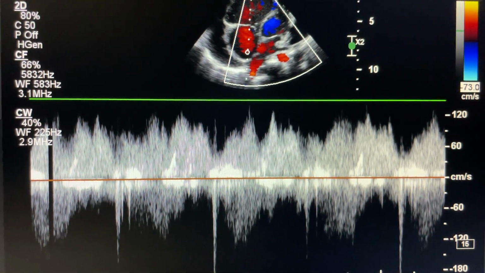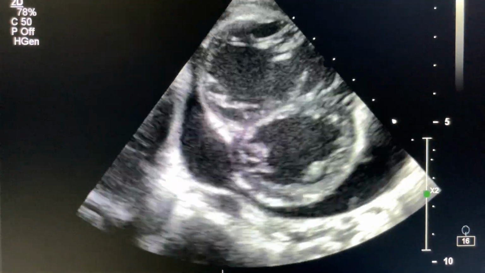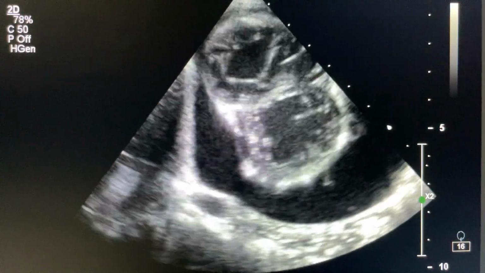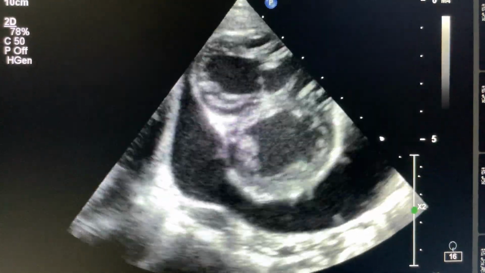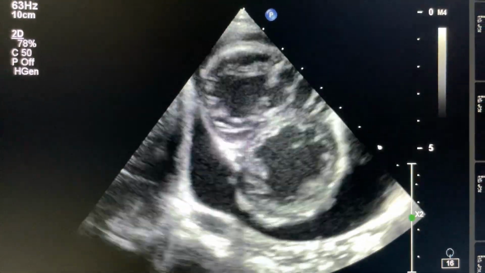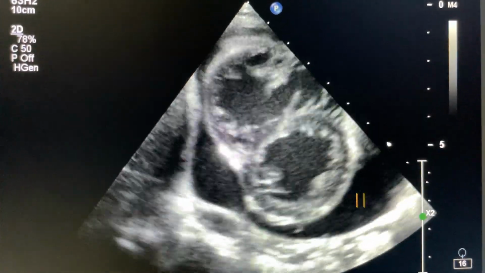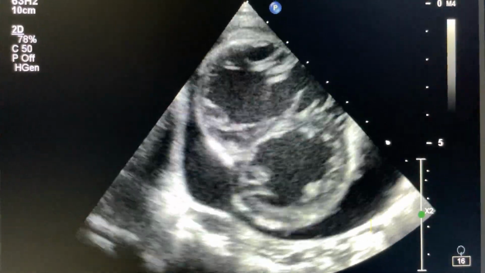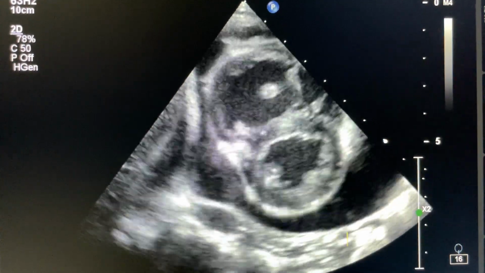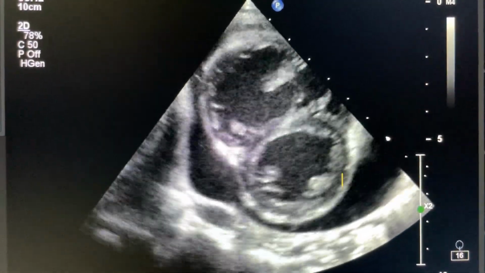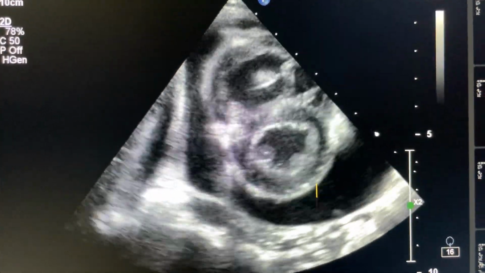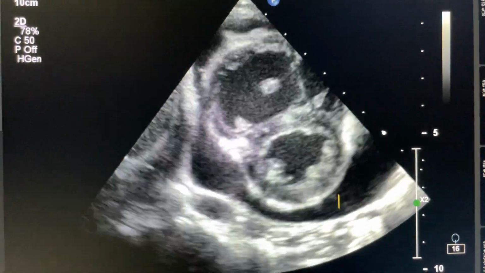That is flow across tricuspid valve. Now you can see the parasternal short axis view. You can see these are fibrin bands. This is parietal pericardium, this is visceral pericardium, and both have fibrin bands.